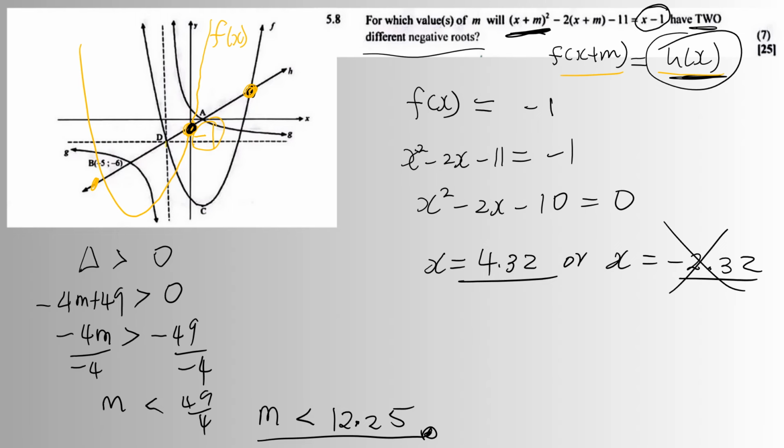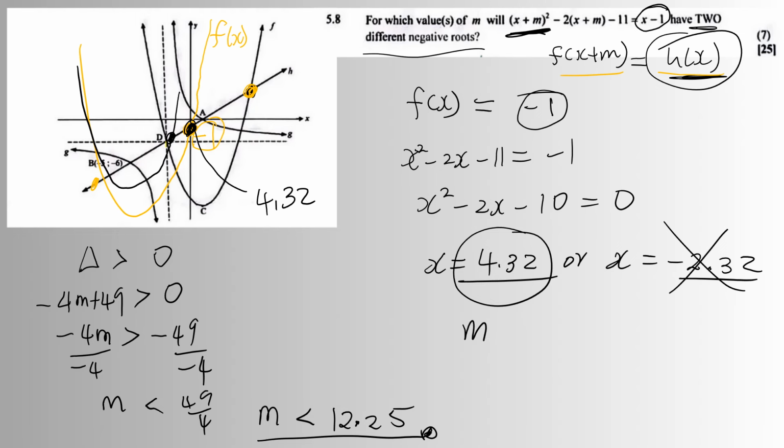So you find that the x there will be 4.32. So we must have shifted it by 4.32 so that it goes exactly to the y-intercept of minus 1. But I'm saying the roots must be negative, so I want it to be on that side, simply above 4.32.